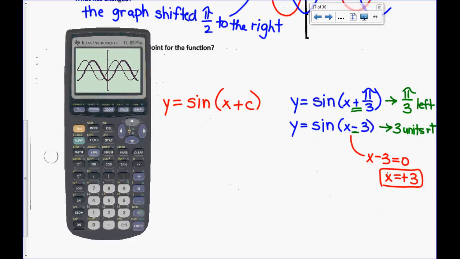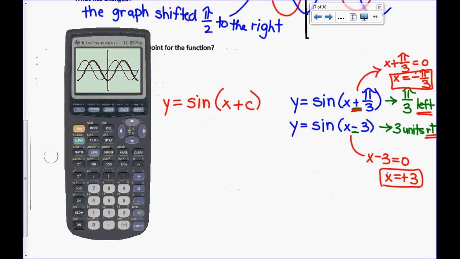So your x is actually moving in a positive direction to the right, 3 units, okay? Same thing here, if you were solving this to get what your x-intercept was, you'd say x plus pi over 3 equals 0, and then you'd subtract pi over 3 from both sides. So x is negative pi over 3. That's why it goes left.